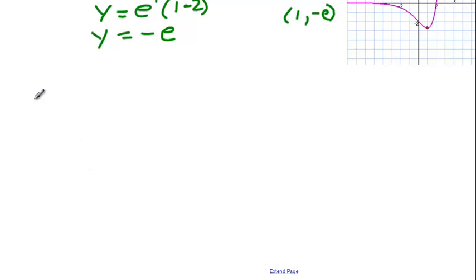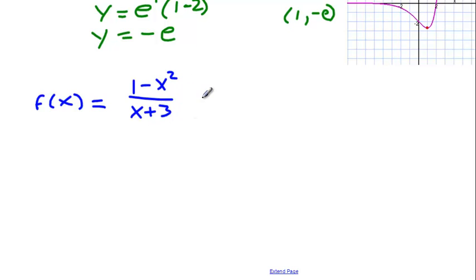So let's do this. f of x is equal to, a rational function, big fancy word for fraction of polynomials, 1 minus x squared over x plus 3. So we've got some sort of parabola over a line.